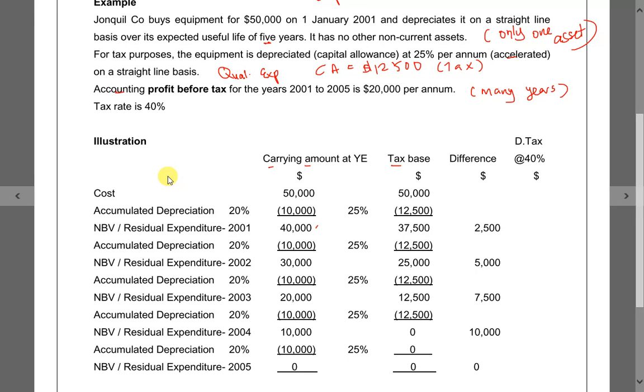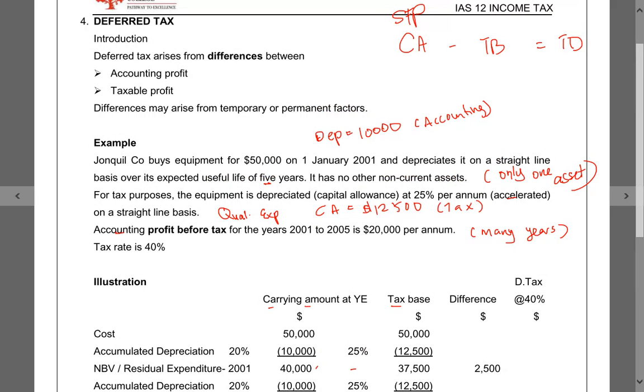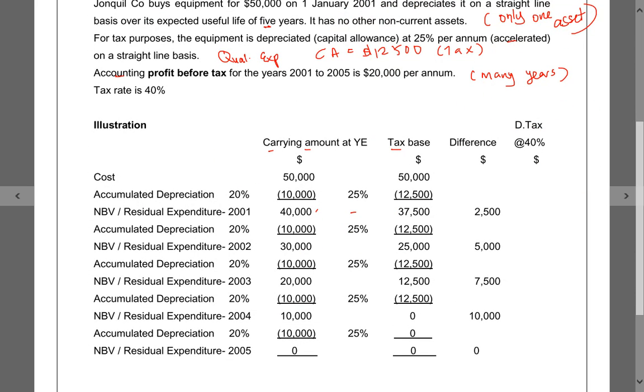But just now we already discussed 50-50, I can fully claim 50-50. There should not be any difference. So this year I claim extra 2,500. So we look at this carrying amount, compare with tax base. Carrying amount 40, tax base 37,500. The difference is 2,500.